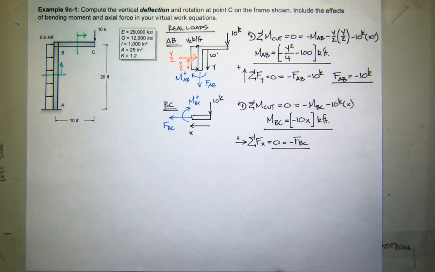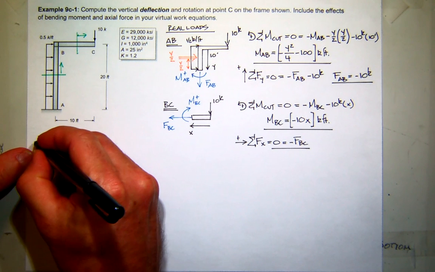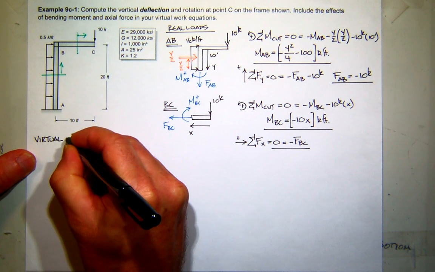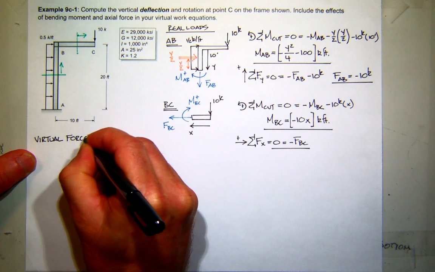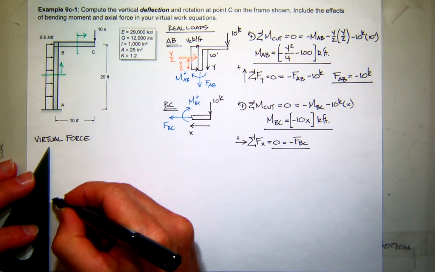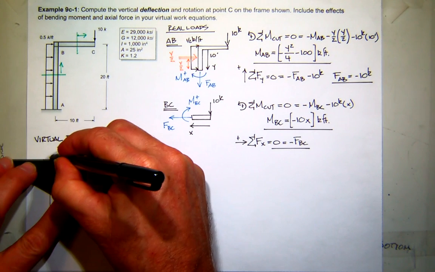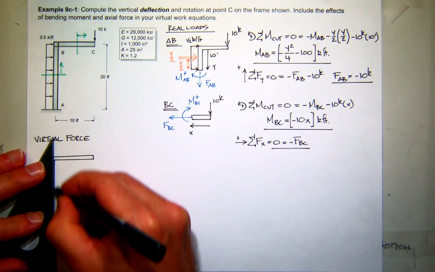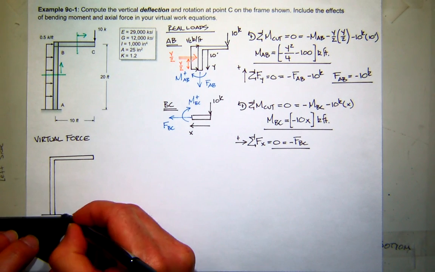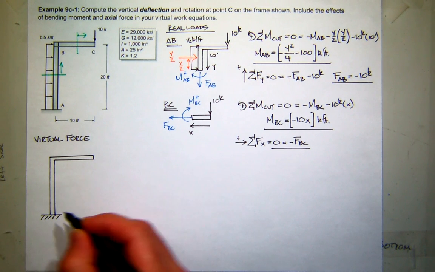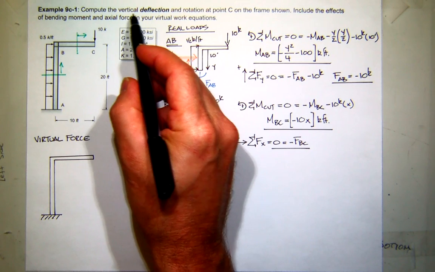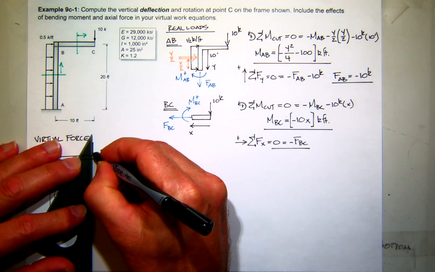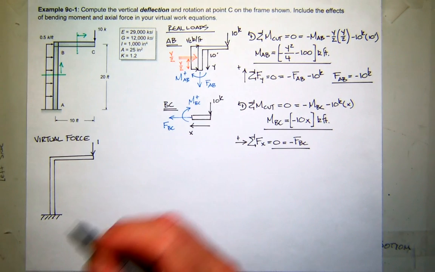Okay? So now I need to do my virtual system. So what does my virtual system look like? Well, I've got the same basic frame, except my virtual force, since I want the vertical displacement at C, I go to point C and I put a vertical unit load.